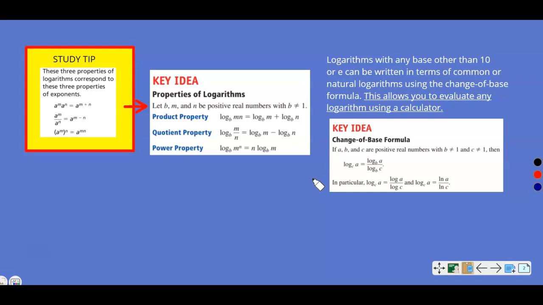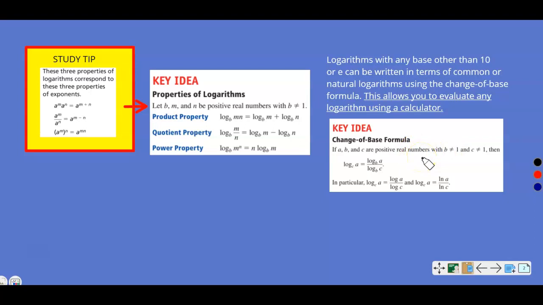One more property that you need to know is your change of base formula. Logarithms with any base other than 10 or e can be written in terms of a common or natural logarithm using the change of base formula. This allows you to evaluate any logarithm using a calculator. And you're going to see a couple different ways to use your calculator to evaluate logarithms. But change of base formula, you can use basically any calculator.